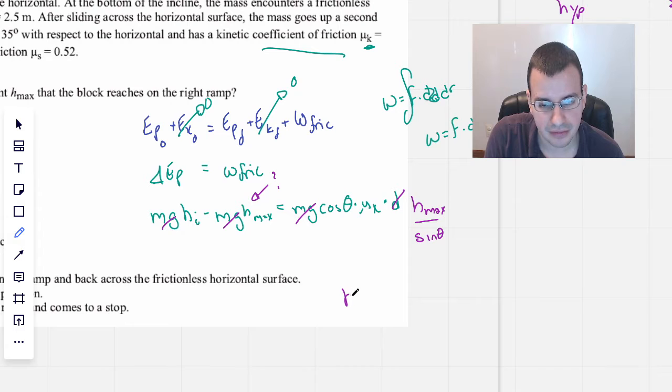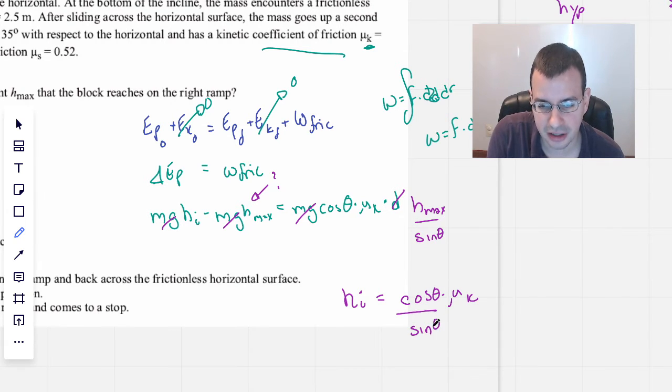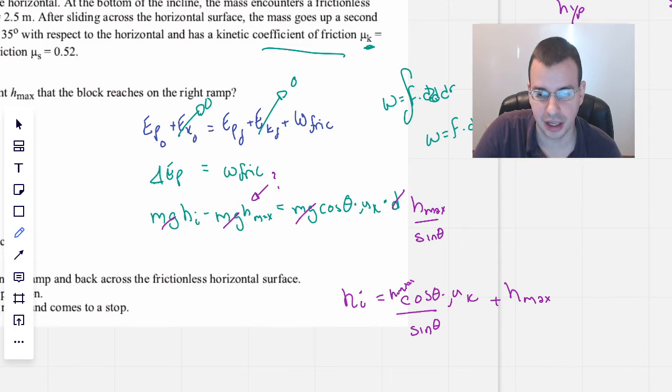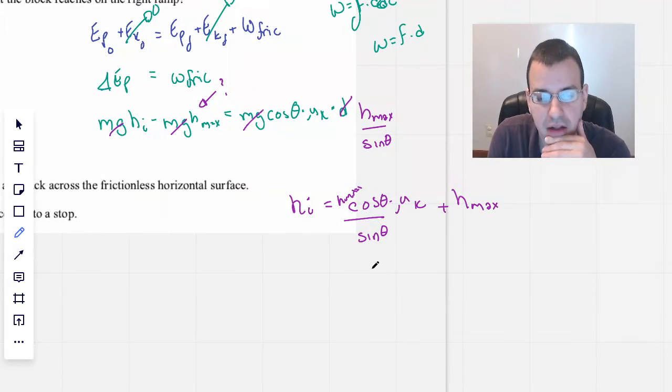So we have h initial equals cosine of theta times mu k over sine of theta plus h max. Oh, and then there's multiplied by h max over here. Yeah, that's okay. I'm going to rewrite that in a sec.